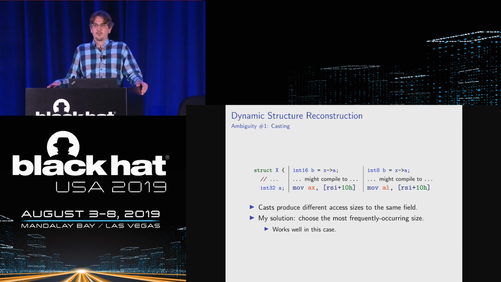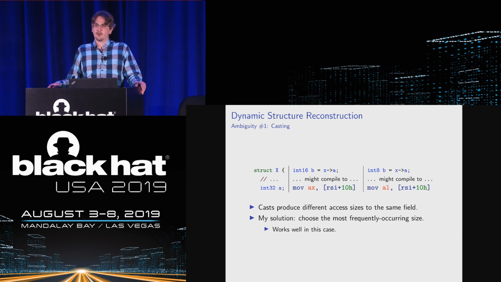First of all, it's perfectly legal to cast integer data types from one size to the other. So we might be dealing with a situation where we have a structure in the source code which has a 32-bit integer, and then if some access to that structure is actually only using 16 bits worth of it, we'll see what's in the middle column, which is the use of a 16-bit register.